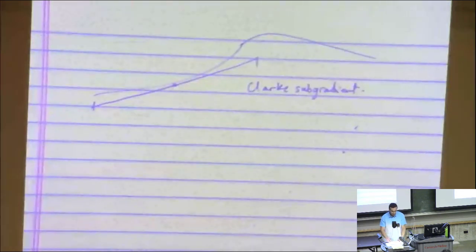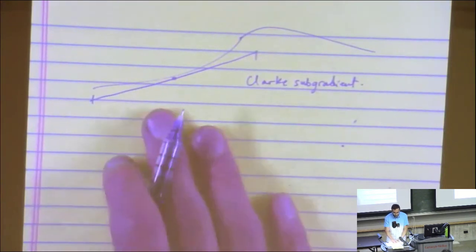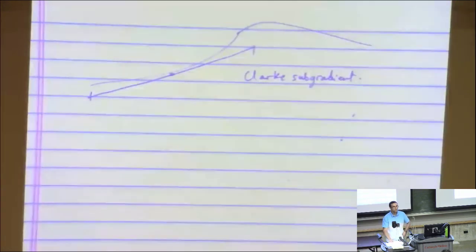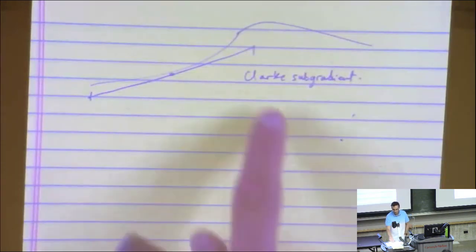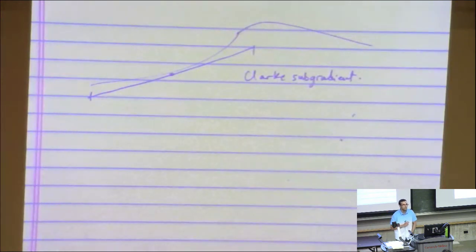They have some interesting properties, and you can develop some kind of theory and algorithms around subgradients like this that have these local properties for non-convex functions. The problem is that these tend to be very hard to work with in practice. It's typically hard to characterize what these look like for lots of non-convex functions you might care about.